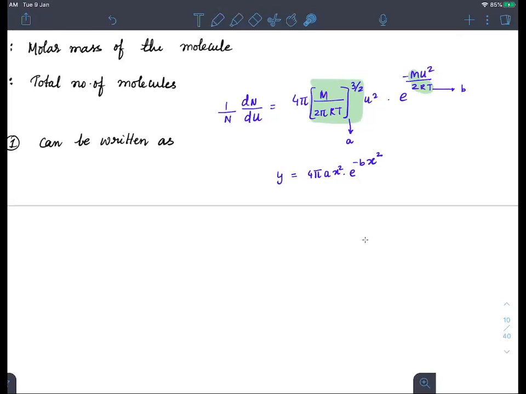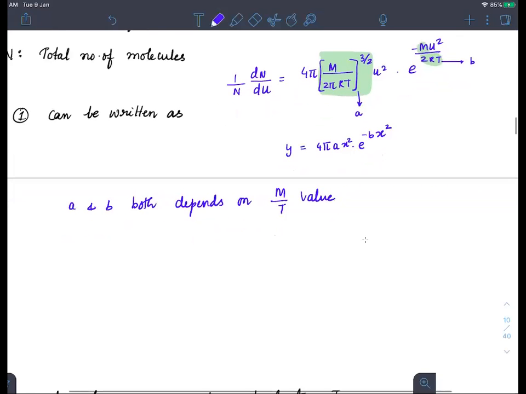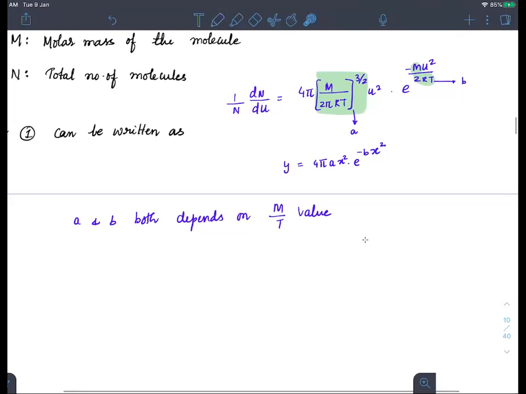Now, if you observe this a value and b value, both of them are dependent on the M by T ratio. What is this dn by n? dn was the particles present between u and u plus du.